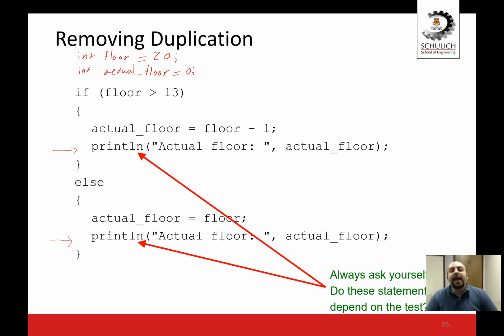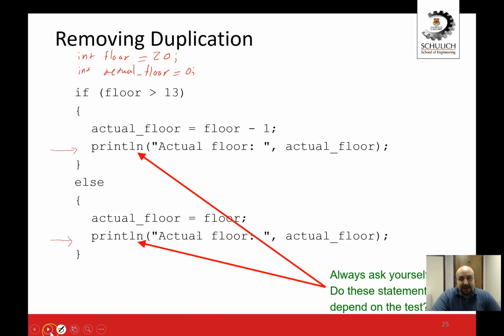Because the problem is, if you have too much code that you're repeating, it's going to be hard to maintain. The more code you have, the more you have to read, the more you have to maintain. So if you want to change something in your code, when you have a lot of code written, it's going to be more difficult to upkeep. So you try to remove duplication. So what could you do to remove duplication here? Let me pause the video and think about that for a second.